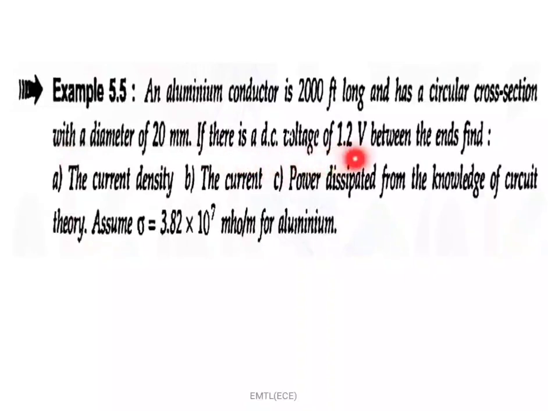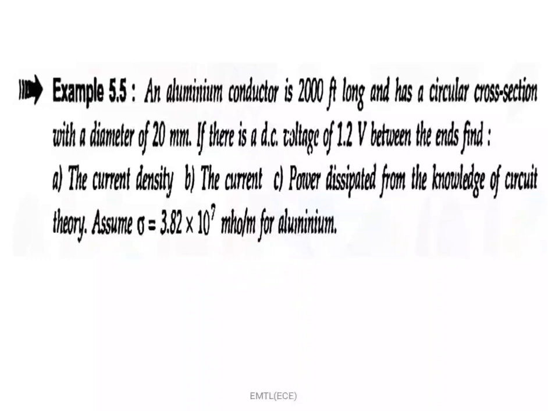If there is a DC voltage of 1.2 volt between the ends, find the current density, current, and power dissipated from the knowledge of circuit theory by assuming sigma is equal to 3.82 into 10 power 7 mho per meter for aluminum.